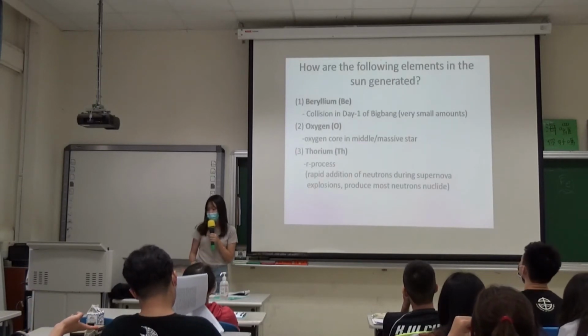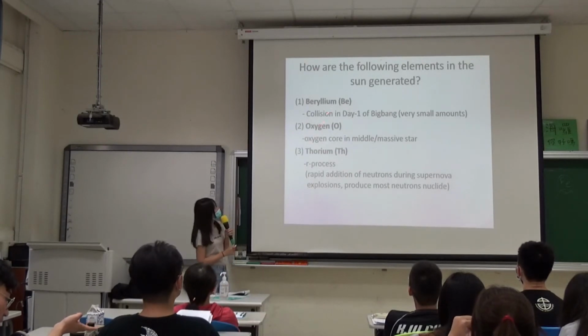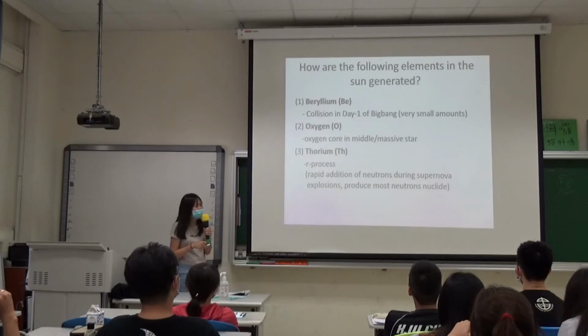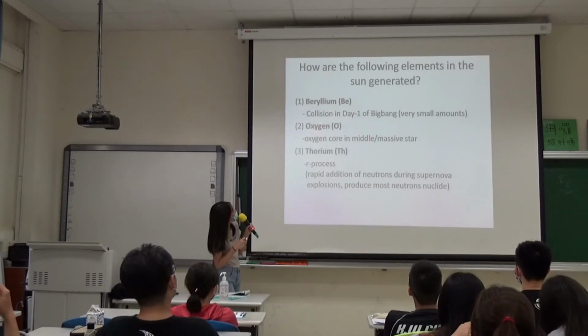Then, how are the following elements in the sun generated? For beryllium, this is my own answer, and I'm not sure whether it is correct. Beryllium comes from collisions in the first day of the Big Bang.